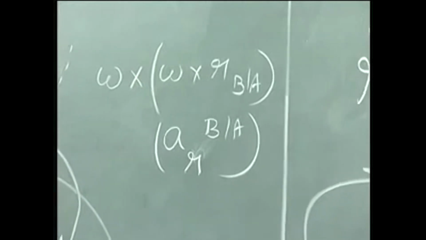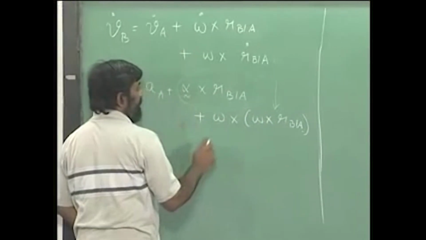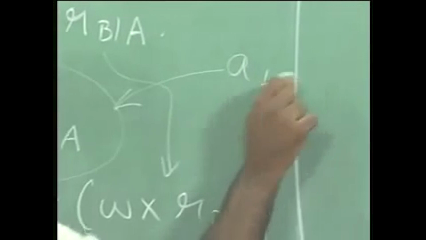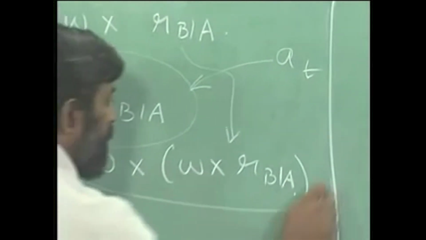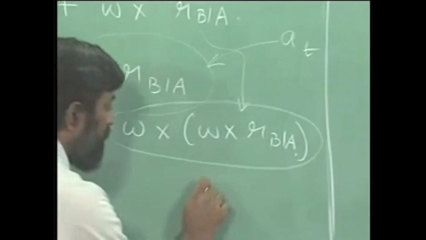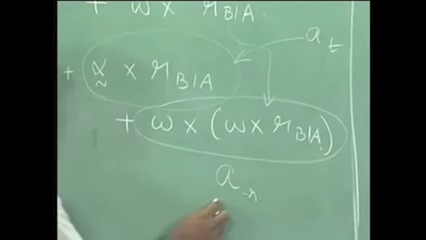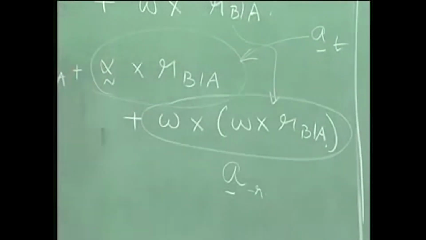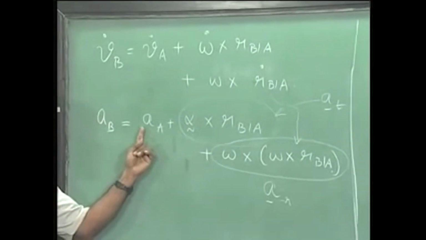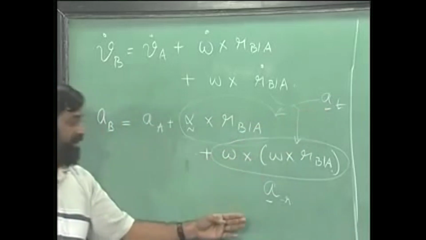Okay. So going back to this, I know this is along the tangential direction, so I am going to call it AT, and this is going to be along the negative of R direction, so I can call it AR or A minus R, and therefore acceleration at B is equal to acceleration at A plus a tangential component and a radial component.